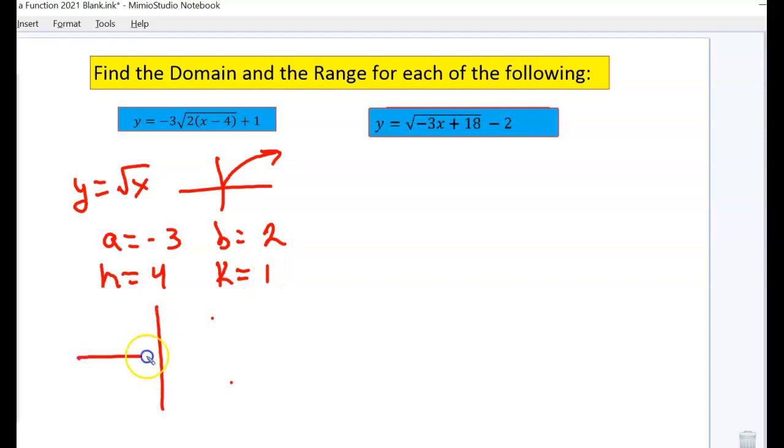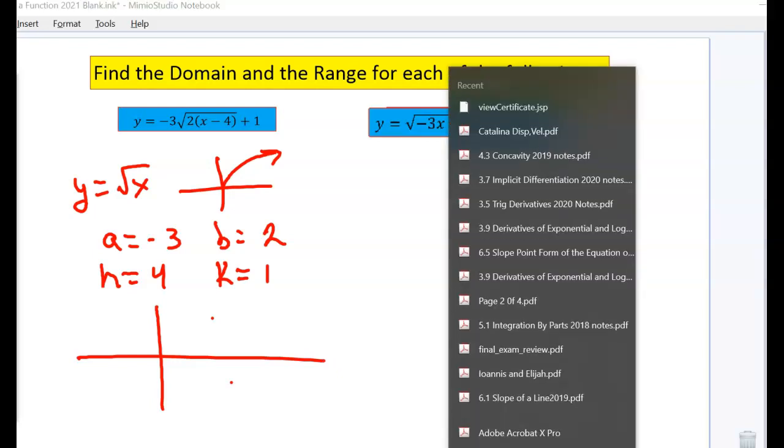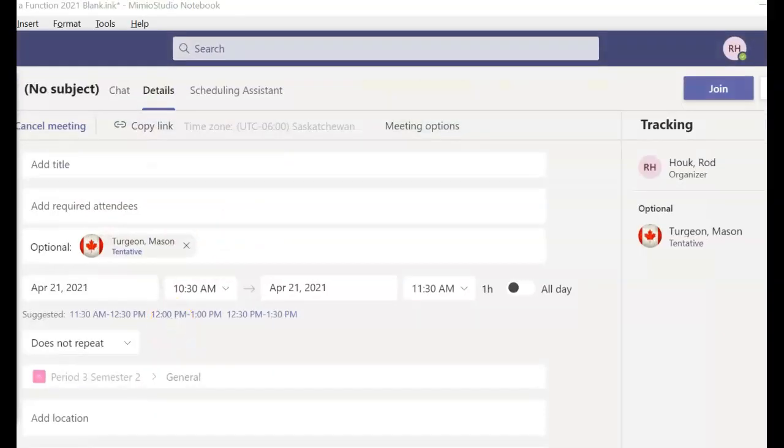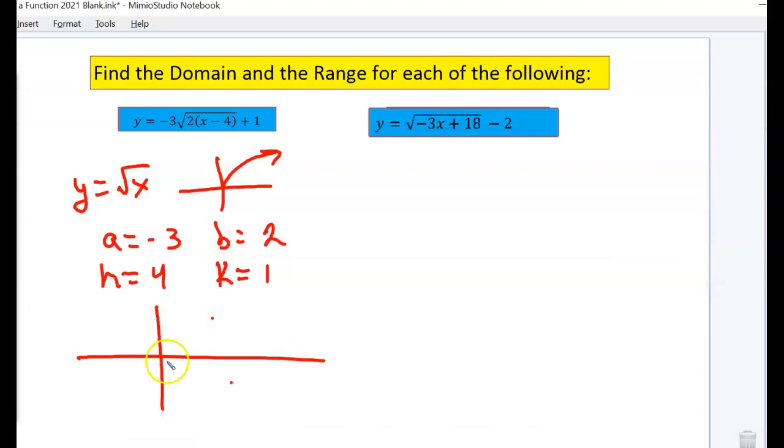So -3 is going to flip my graph and stretch it vertically, down. So it's going to be a graph coming down this way. And then 2 is going to make a stretch horizontally by a factor of 1/2. That's not going to affect the range or the domain.